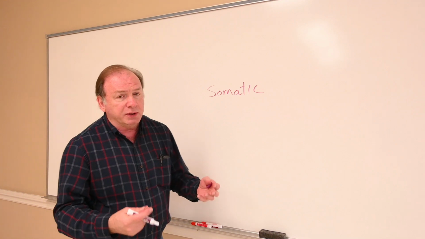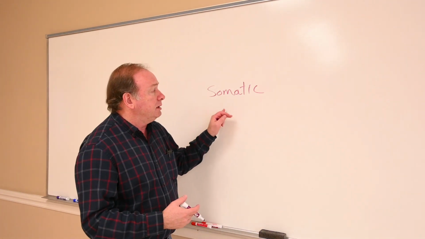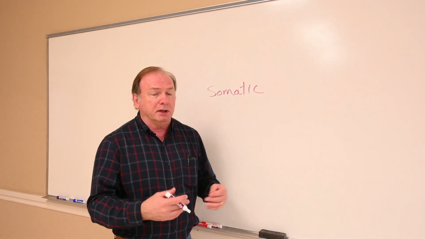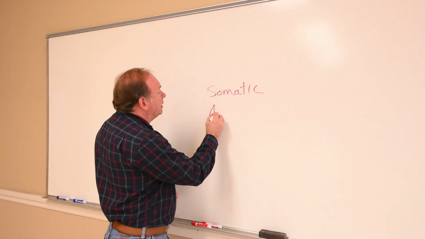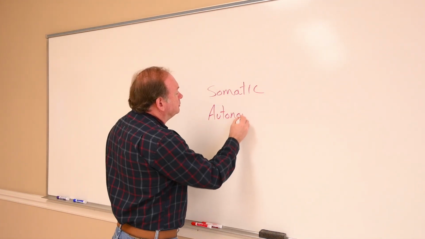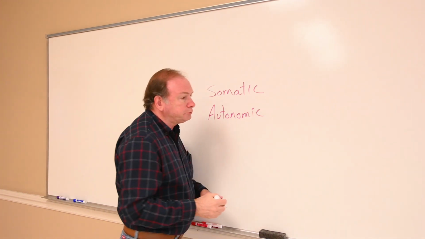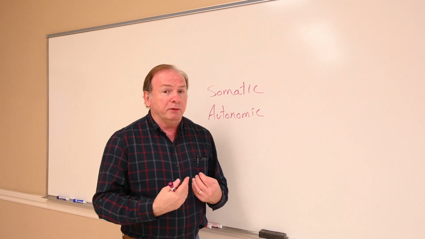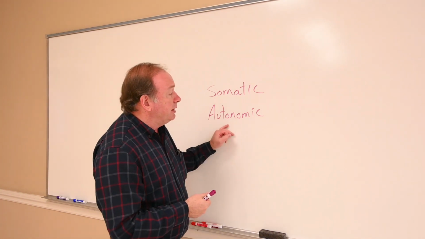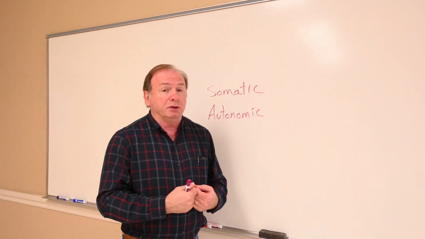The other branch is that part that operates not at the somatic or conscious awareness level, but in your subconscious, and we call that autonomic. Again, you have incoming information to your central nervous system that is at the subconscious level.